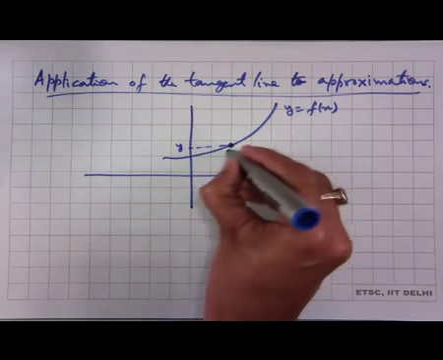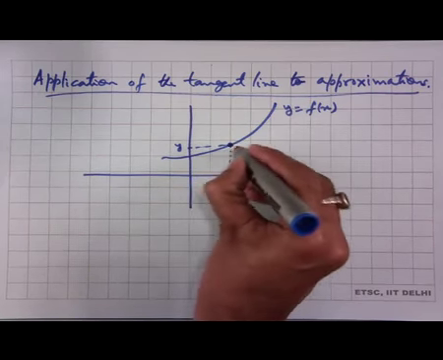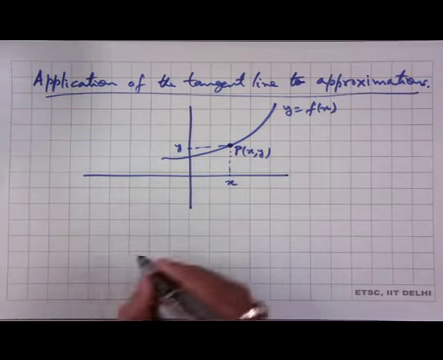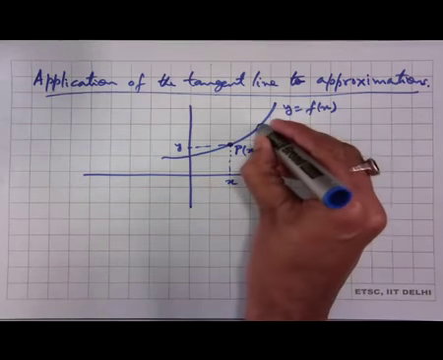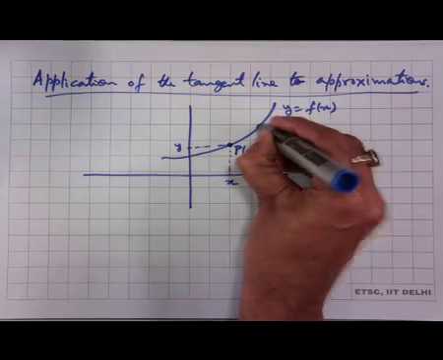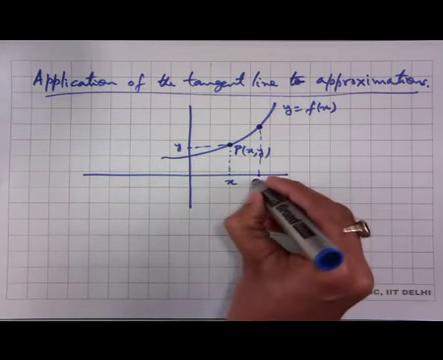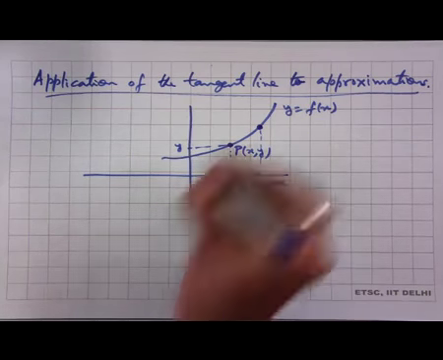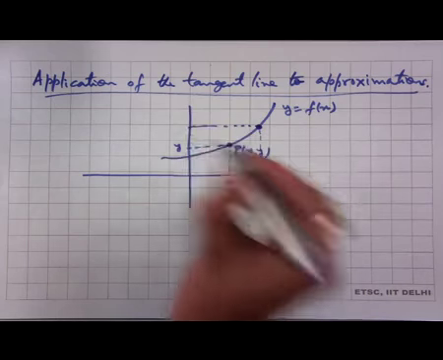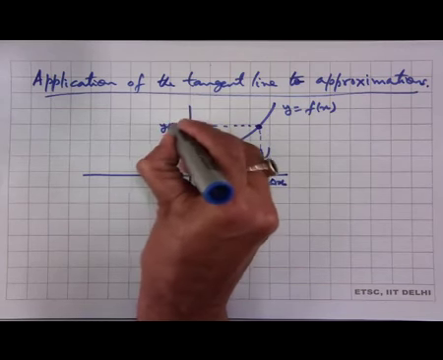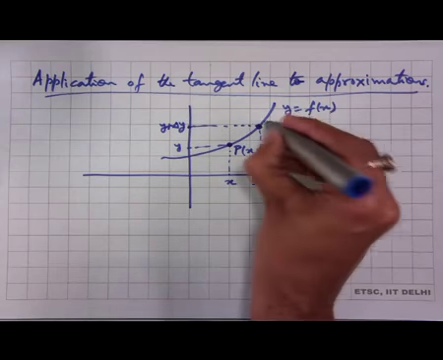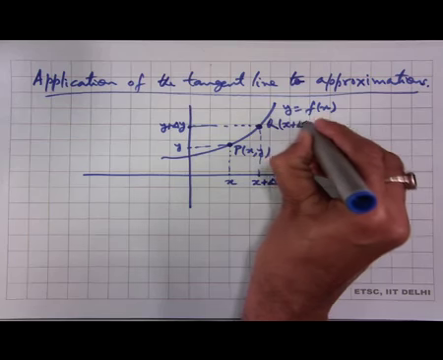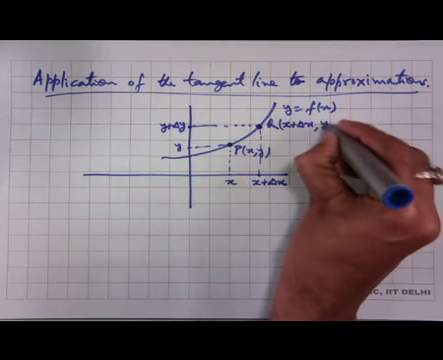So, this is the point P which is (x, y). Now, let us look at another point on this curve where the x coordinate is some x plus delta x, and let us call the y coordinate here y plus delta y. So, this is the point Q: (x plus delta x, y plus delta y).